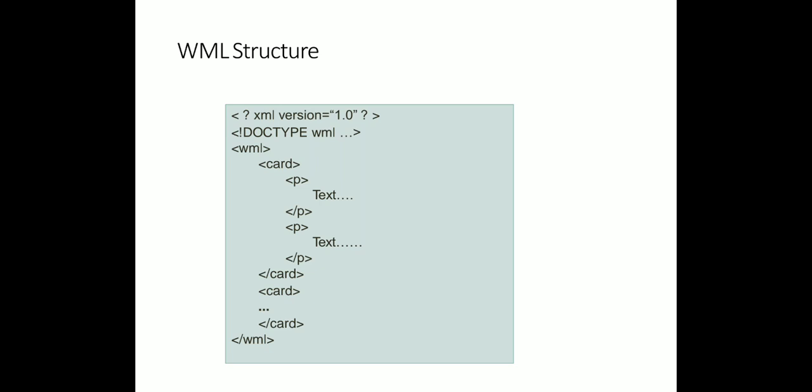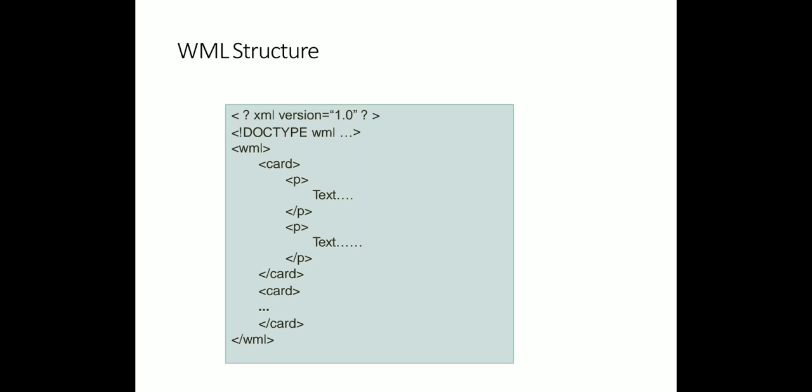As told, there are two sections of any WML script. The first part is the document prologue and the second part is the body. The document prologue is up to these two lines. Now the body part is enclosed within the WML tags. So I have enabled the WML tag.